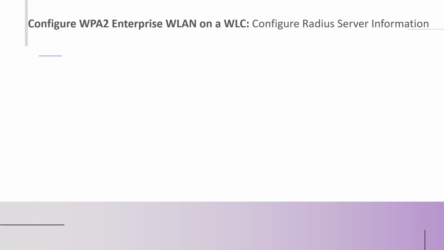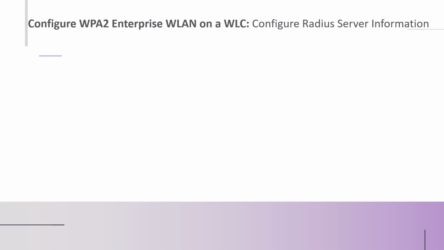In our example configuration, the network administrator wants to configure a wireless LAN using Wi-Fi Protected Access 2 Enterprise, as opposed to Wi-Fi Protected Access 2 Personal or pre-shared key.